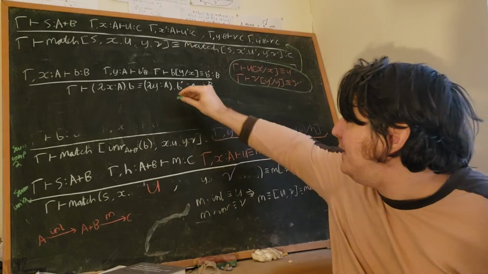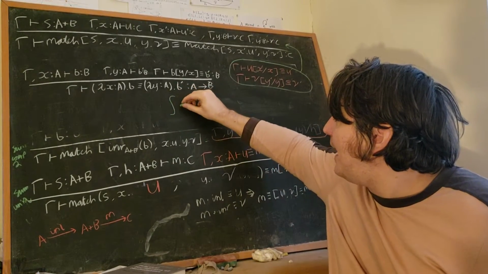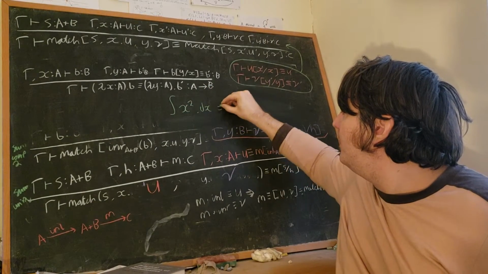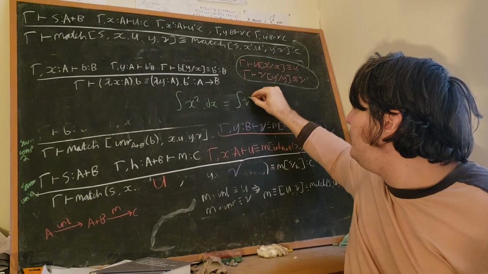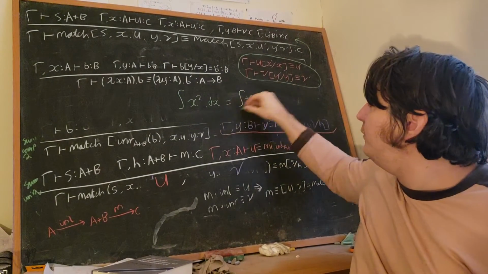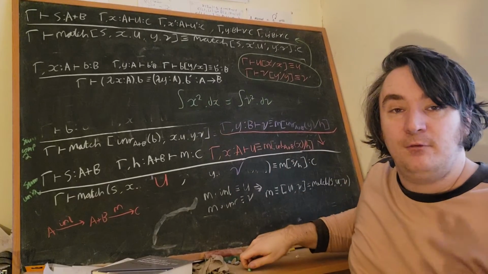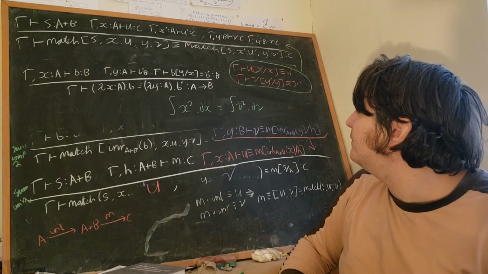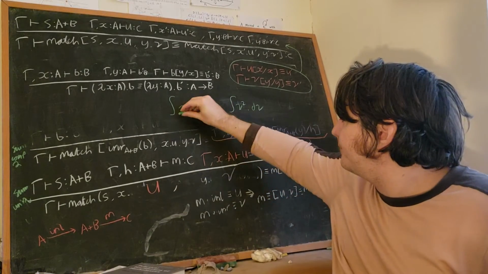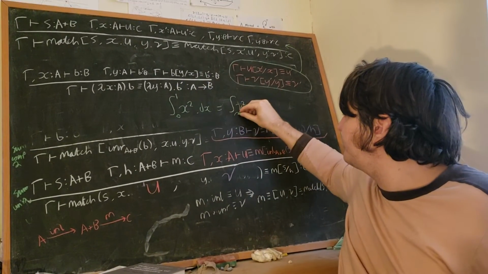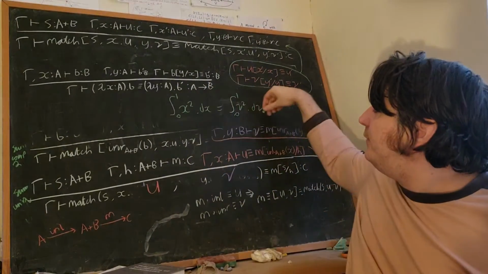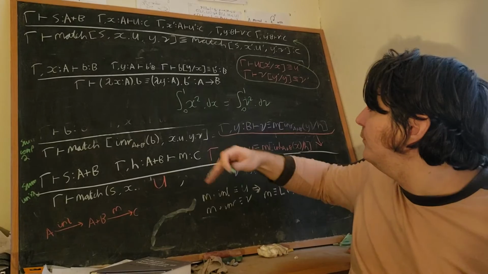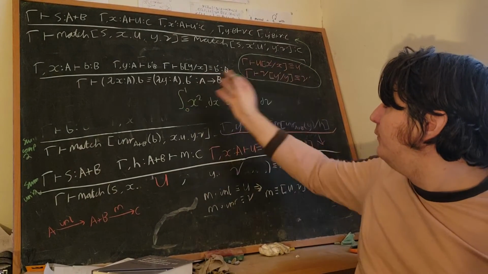It's similar to the way, in standard mathematics, we might have the integral of x squared dx is equal to the integral of v squared dv. It's just a change of bound variable. It doesn't really affect the way that these things evaluate. It's really just this idea that we can rename bound variables, and we have a similar thing going on in calculus.